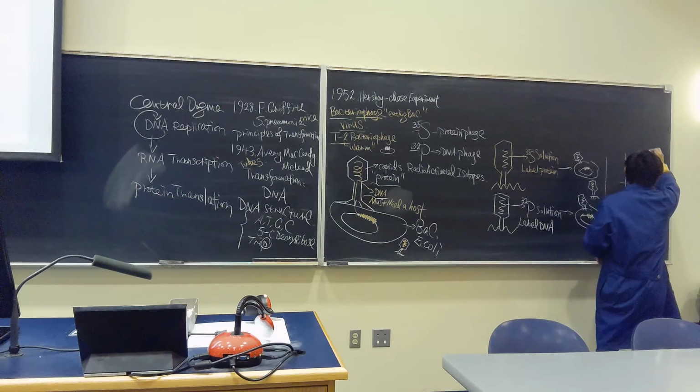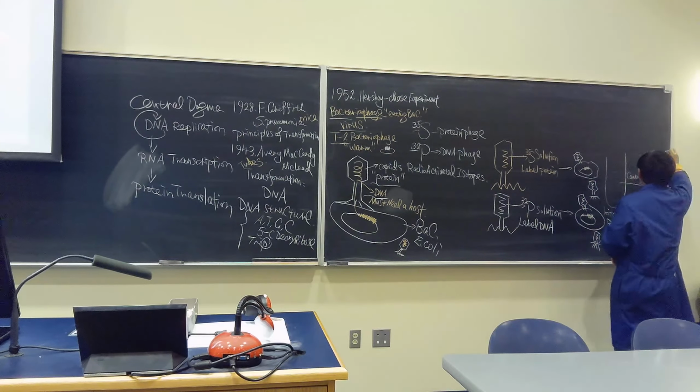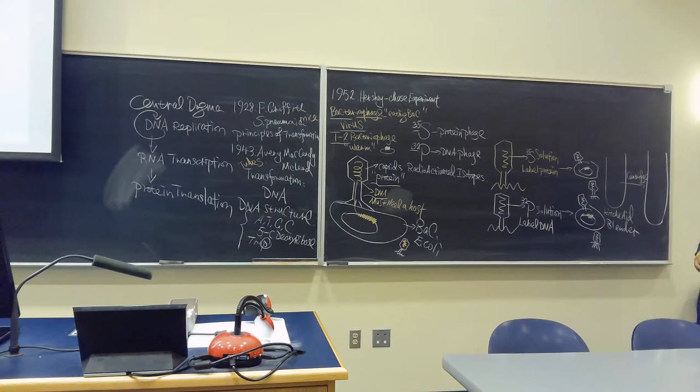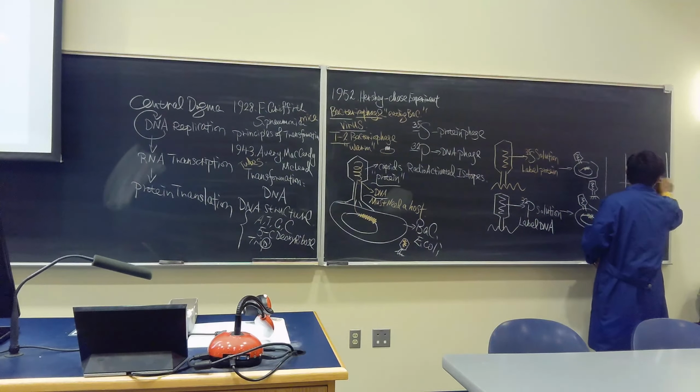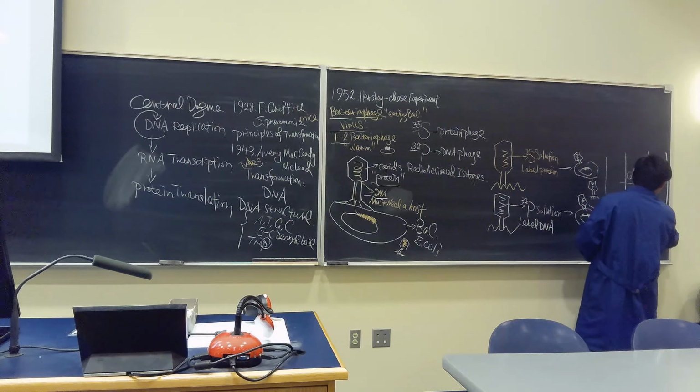Now, why can they do that? Because the virus usually has less molecular weight compared to the bacteria. So once you use the blender, you separate the virus and the bacteria, and then you centrifuge. What happens? On the top area, you find it is actually the virus. On the bottom area, what do you find?